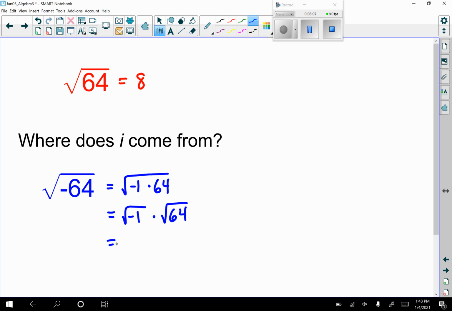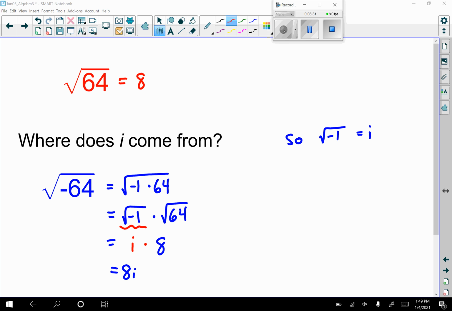When mathematicians were first exploring this, this is what they came across. They said, well, I know the square root of 64 is 8. But what could we do with this? Well, let's just call it i. So really, the square root of negative 64 is 8, but then we put an i after it. So what they did was say the square root of negative 1 is i.